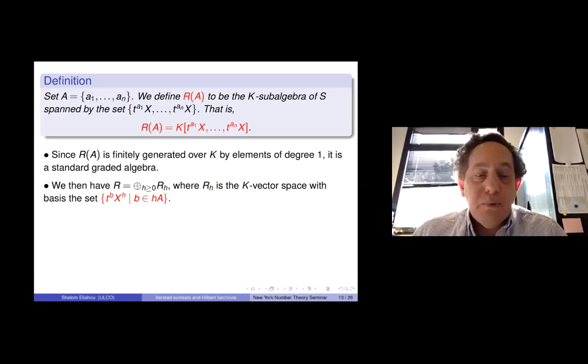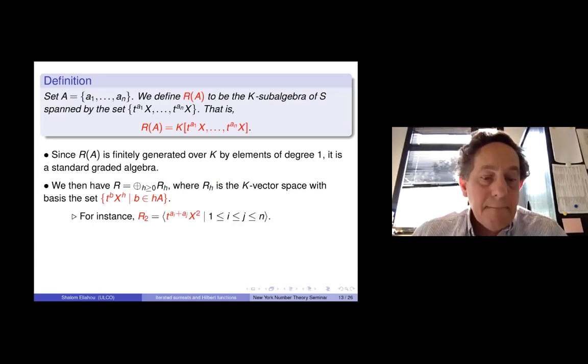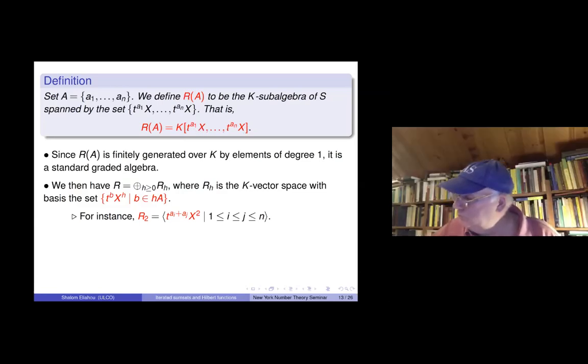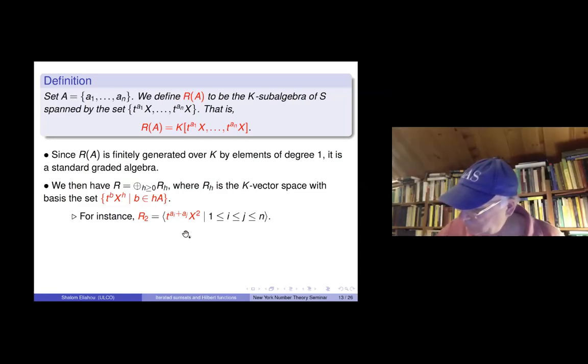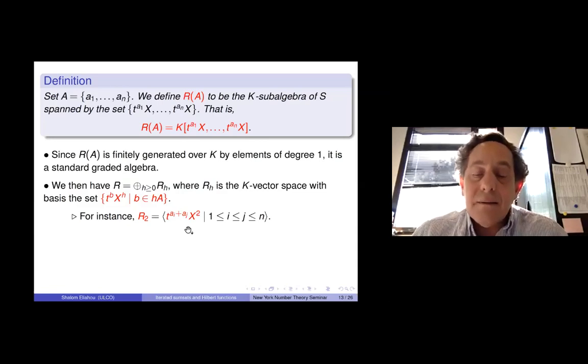Let me give an example with h equals 2. So R_2, this is the piece of degree 2 in R. The basis is just that. Why? Because these are your generators of degree 1 in R. If you want degree 2, you have to multiply together just two of those. So it's T^(ai) X times T^(aj) X, which is T to the power ai plus aj times X squared.